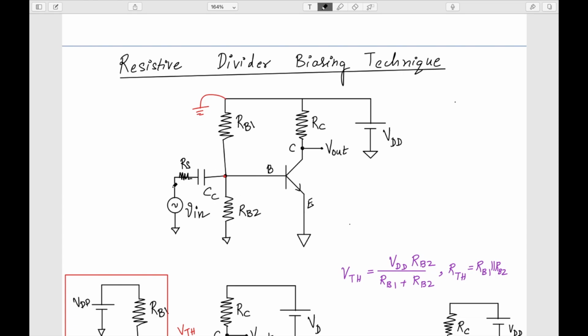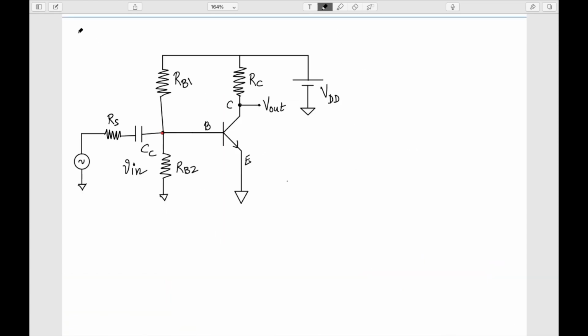To see the effect of Rs, let's solve a problem by considering actual values of RB1, RB2, RC, and the beta of the transistor, for a given VDD and a given Rs. This is my example problem. The beta of this transistor is 295.